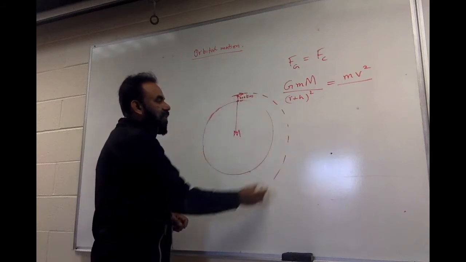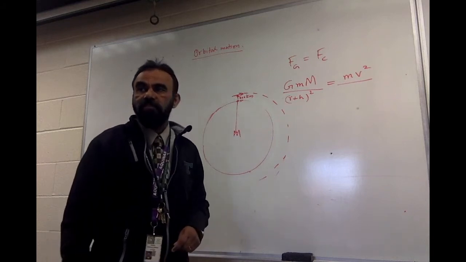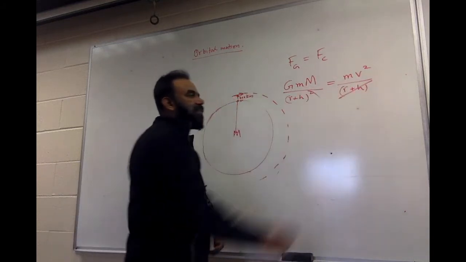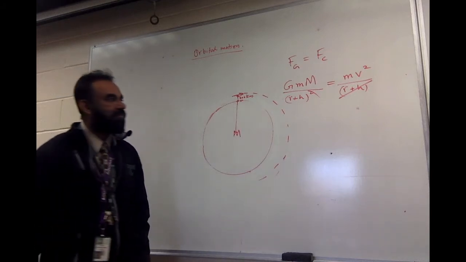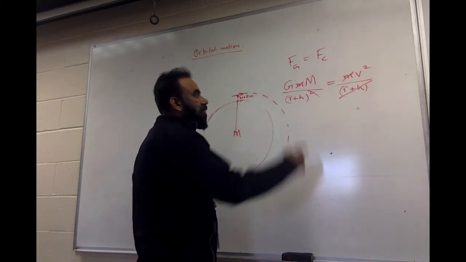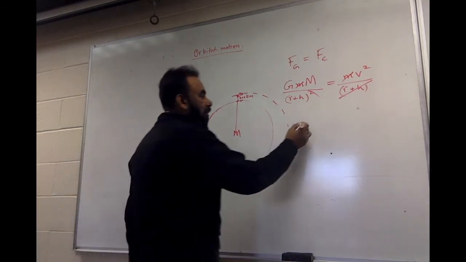What kind of circle radius is it going through? That's R plus H, so that's also R plus H. One of the R plus H's cancels off. And you know that the M's cancel off too. And you know capital G and capital M can be substituted with small g and small r squared.